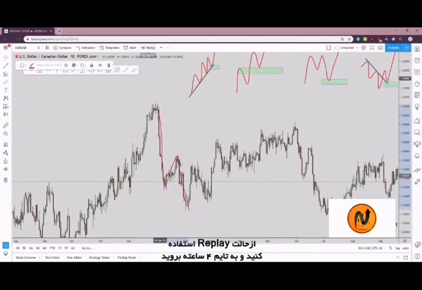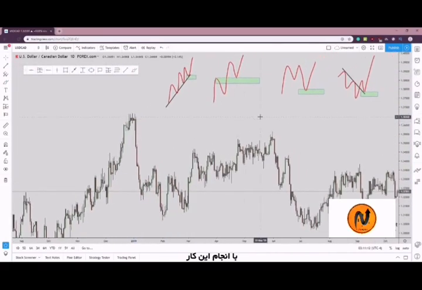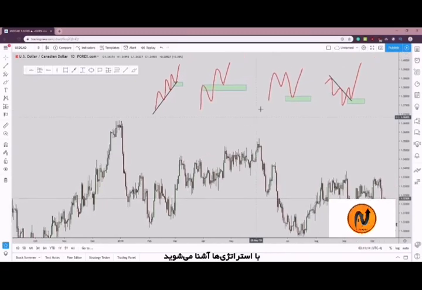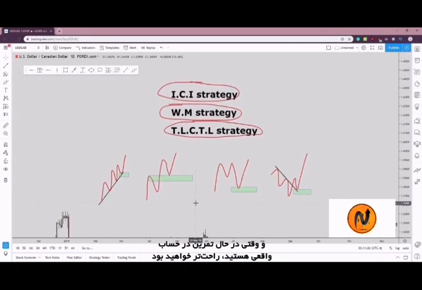Use the replay mode, go on the 4-hour time frame and look for our valid entries. Wait for the shift in momentum and everything connected to it. By doing that, you will become familiar with the strategies and gain confidence in them, because you will understand and see that they actually work, so you will be much more comfortable when you're live trading them.